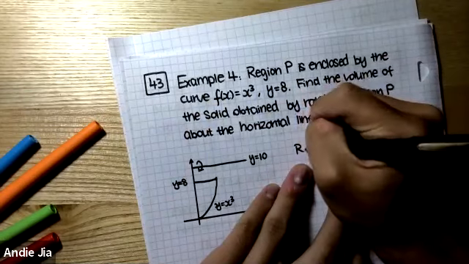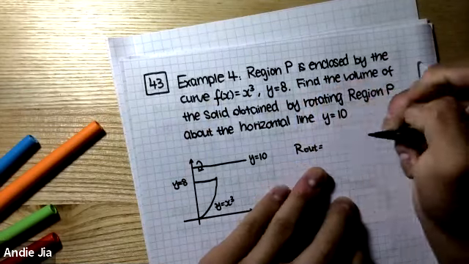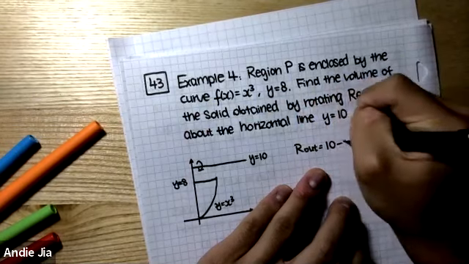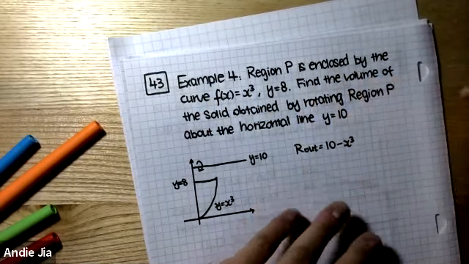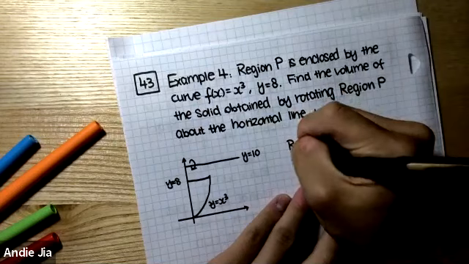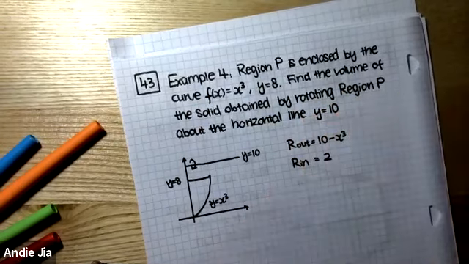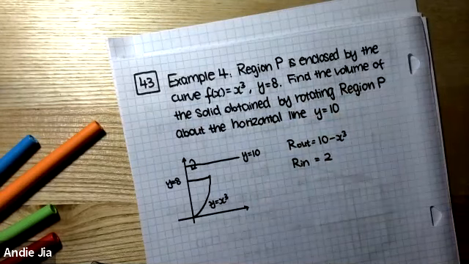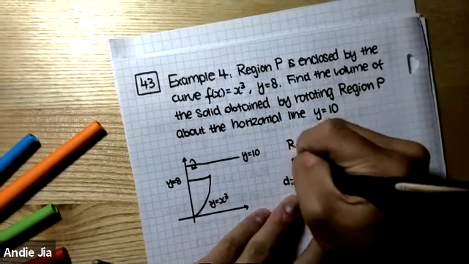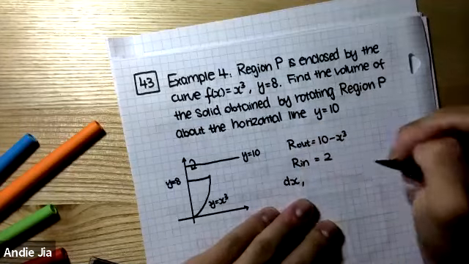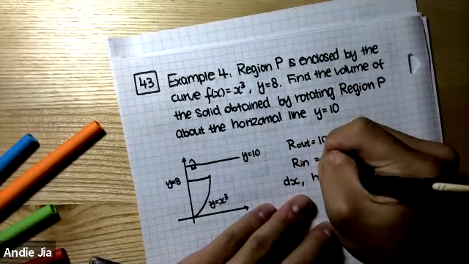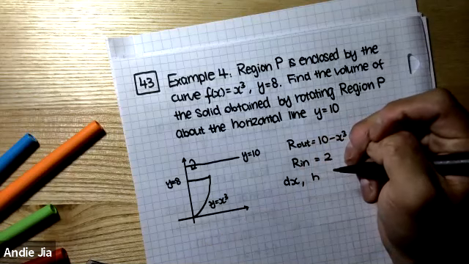The outer radius is 10 minus x cubed. The inner radius is 10 minus 8, which is 2. Use dx, since it is a horizontal axis of rotation.